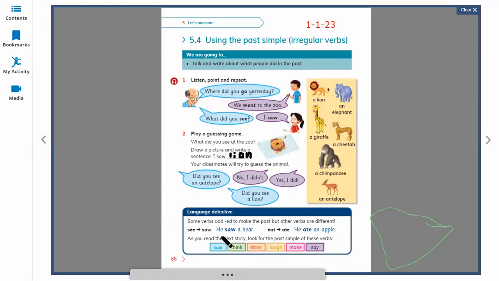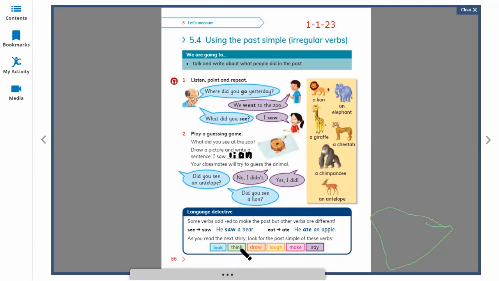Like here you can see, we saw a bear. See will change into saw. We eat an apple. And when we talk about the past, what are we going to say? He ate an apple.